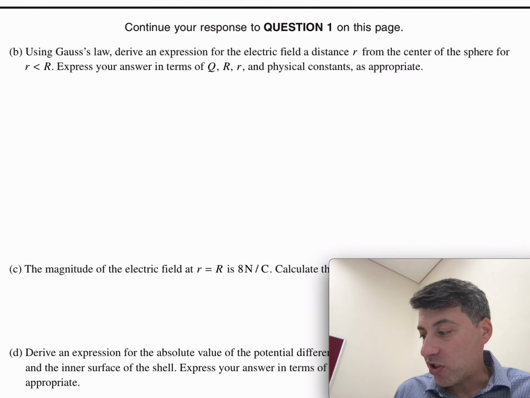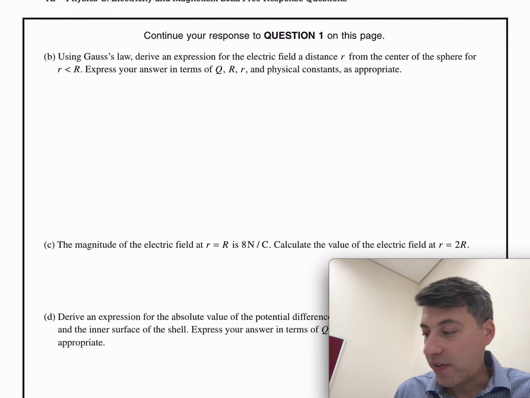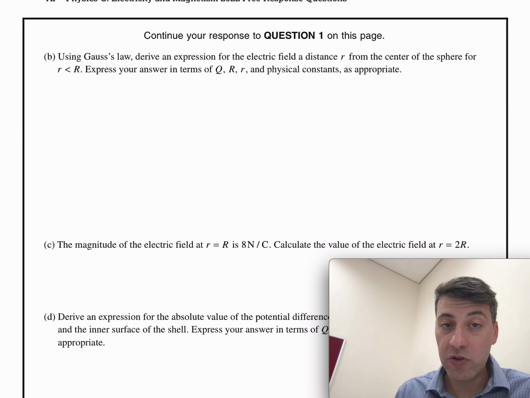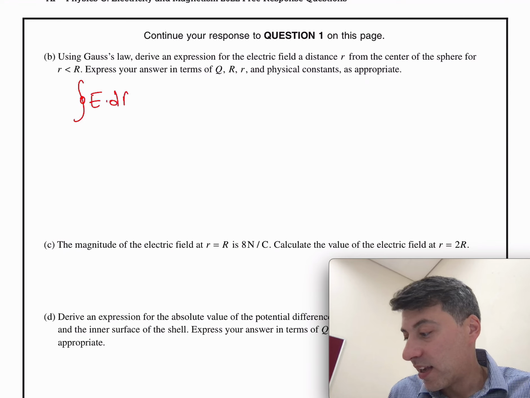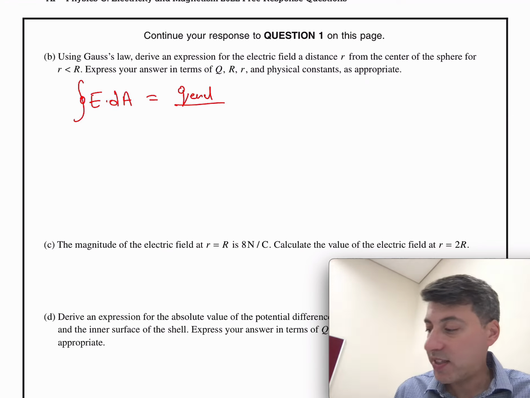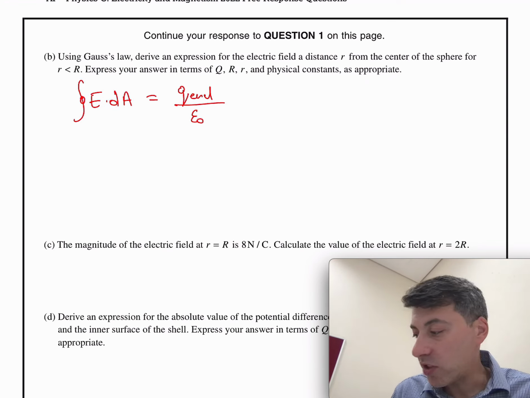Now, Gauss's law, which we can also find in the rules page, states that the area integration of the electric field is equal to the enclosed charge on a Gaussian surface divided by the constant epsilon 0.